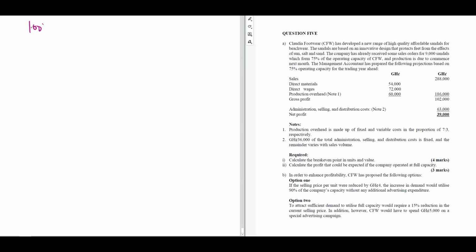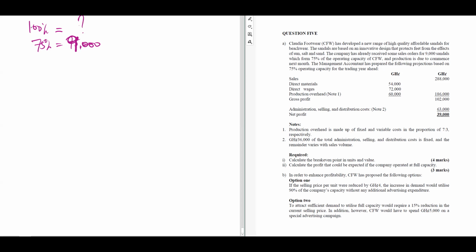If 9,000 is 75% capacity, how many units is 100%?